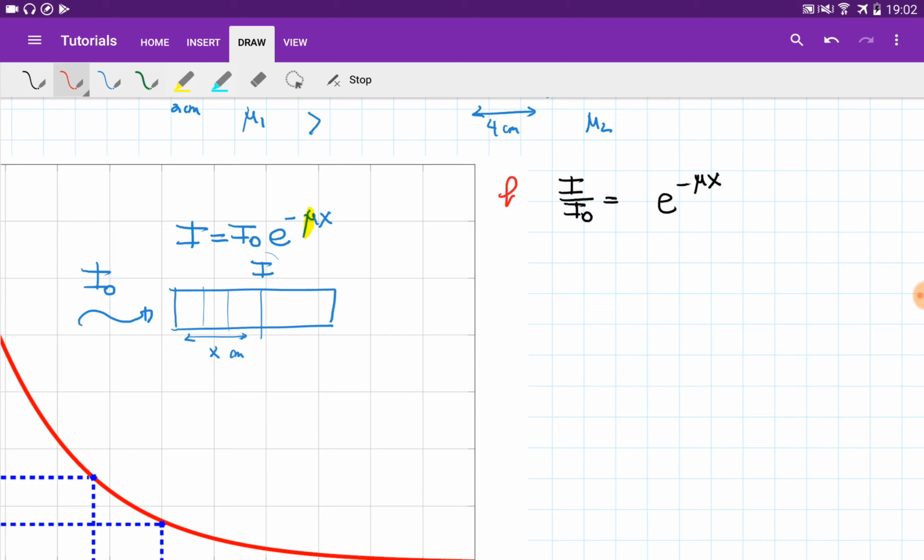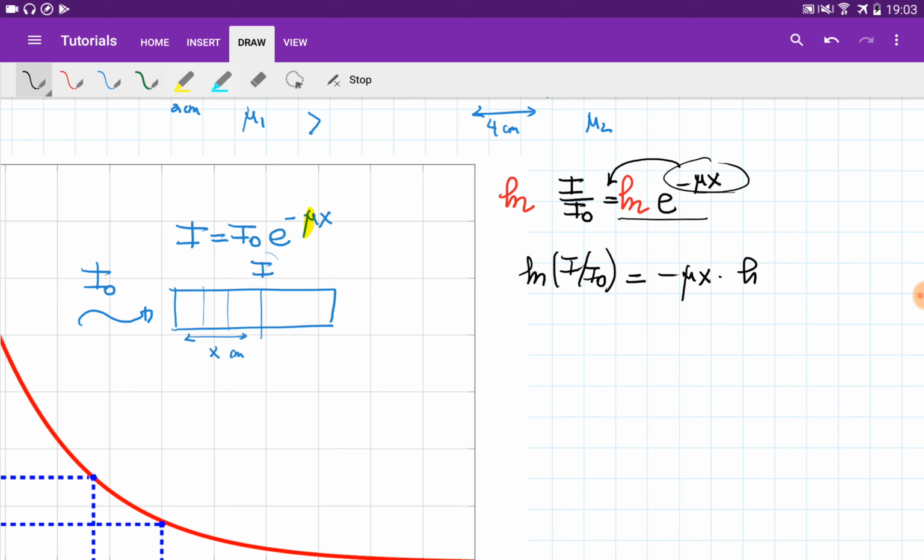To do this, I'm going to take the ln of this part and the ln of this part. We know that the ln of something to the power of a number lets the power come down. Then I can write ln of I over I0 is equal to minus mu x multiplied by ln of e, which is simply equal to 1, right? Because ln is the logarithm with the base e.